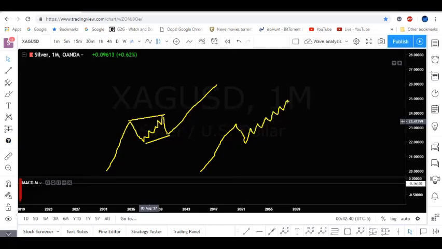Then all of a sudden it will come back down, and traders are really confused, and then all of a sudden it makes the next impulse. It can even go on as far as that, come back down and go back up. We'll look at some of them in the charts, and it is quite difficult when they become so extended.